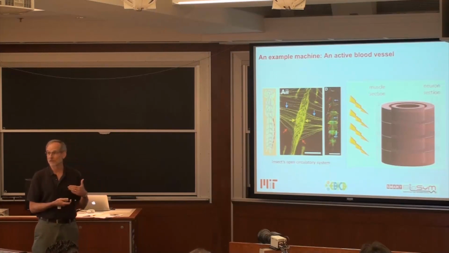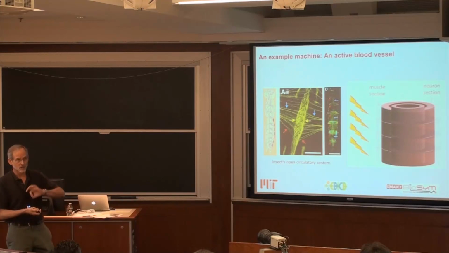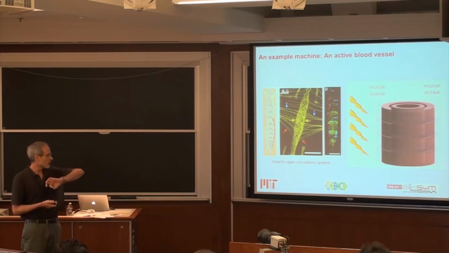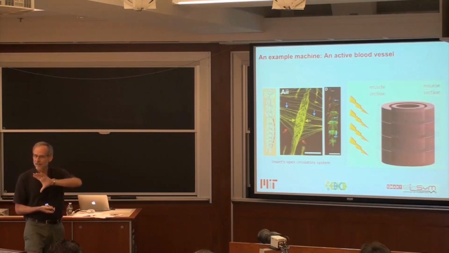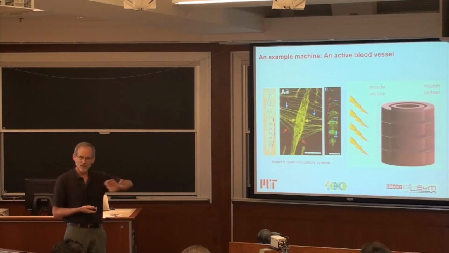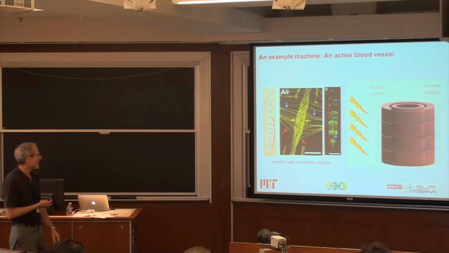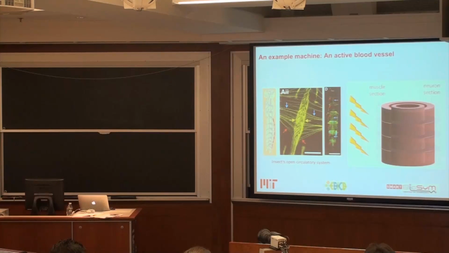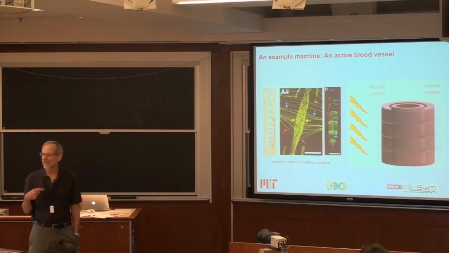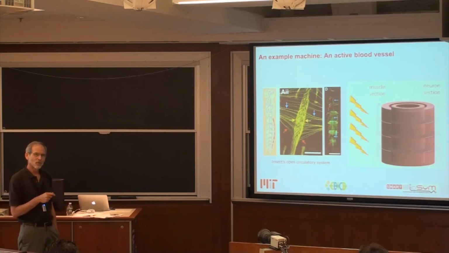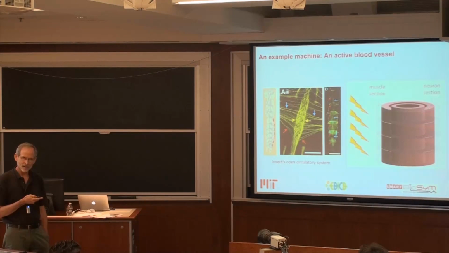Obviously there needs to be some sort of a check valve too, a one-way valve, in order to maintain flow in one direction, or it could be a peristaltic wave that squeezes along and pumps the flow in one direction. And this is meant to indicate, you can activate these either by motor neurons, but the question is, well, how are you going to control those? Well, one way is to do it optogenetically.